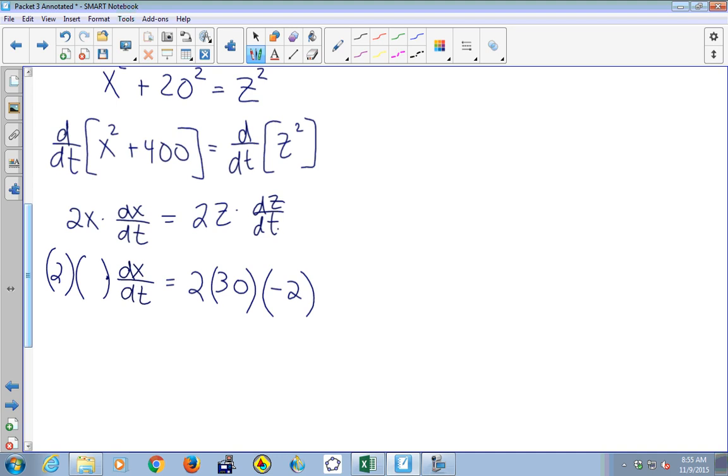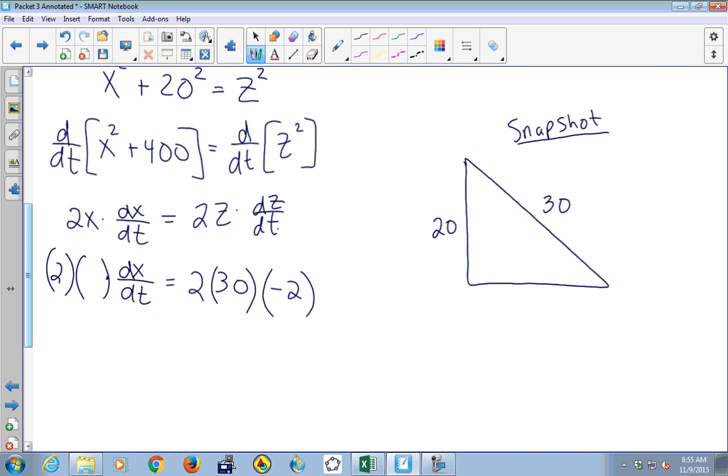Okay. How can I figure out what x is? Use the Pythagorean theorem. I'm going to redraw my picture. Maybe not as pretty as the original, but I now know this is 20, z is 30, so this is a snapshot, right? This is just a snapshot of the moment in time I'm interested in.